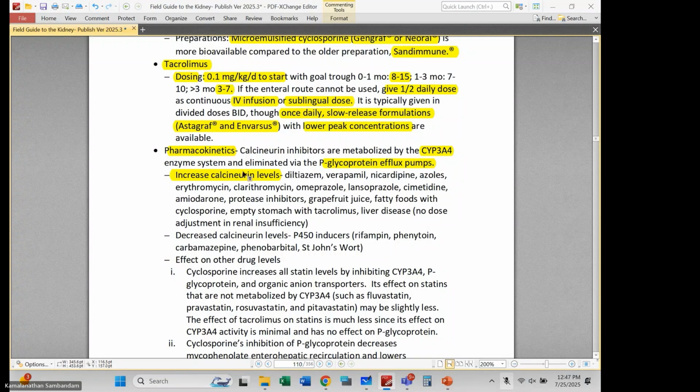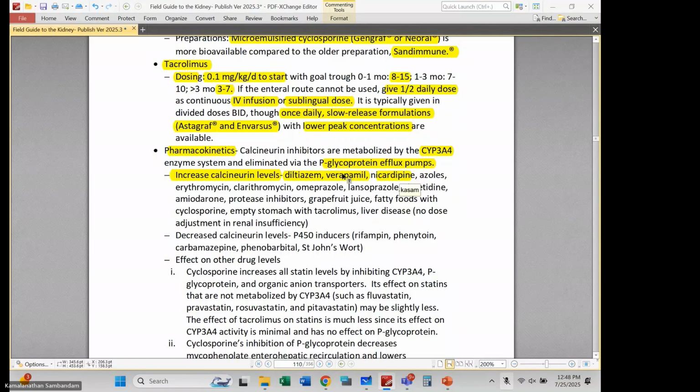Okay, so drugs that inhibit the CYP3A4 system include diltiazem and verapamil, okay? Nicardipine is here, but it's a very weak inhibitor. The biggest ones are these non-dihydropyridine calcium channel blockers.